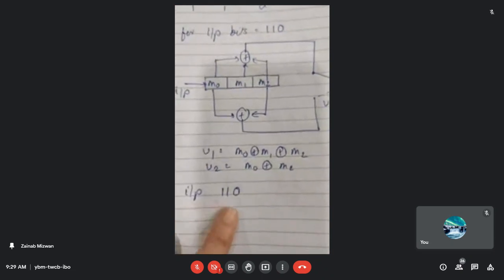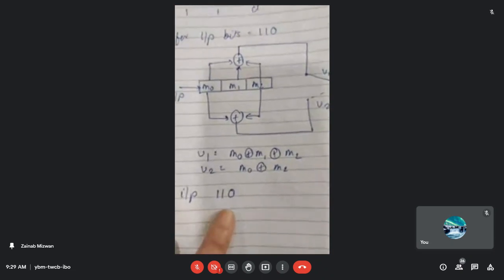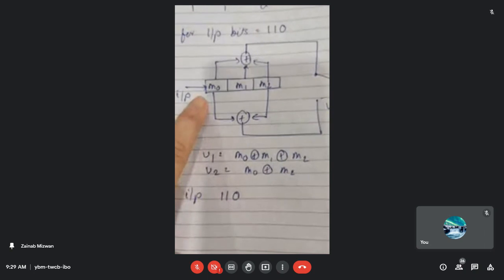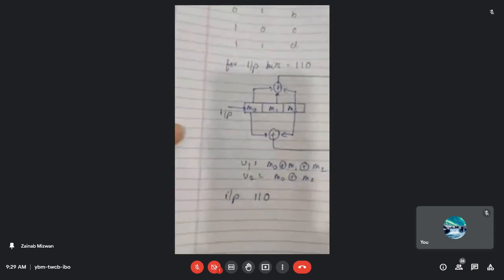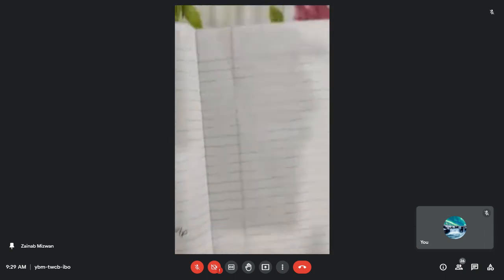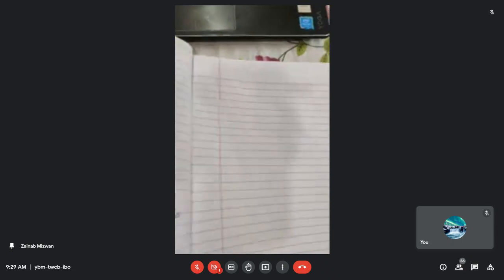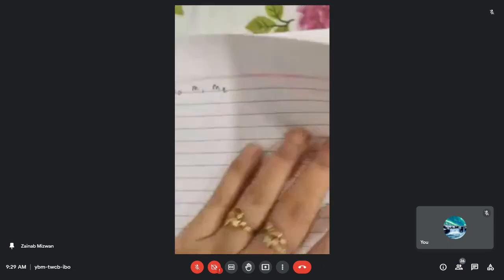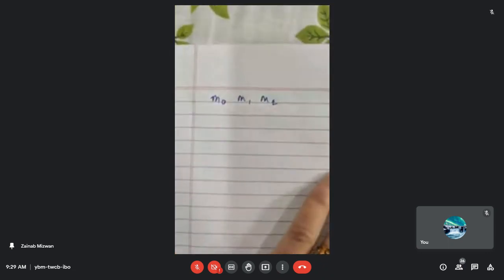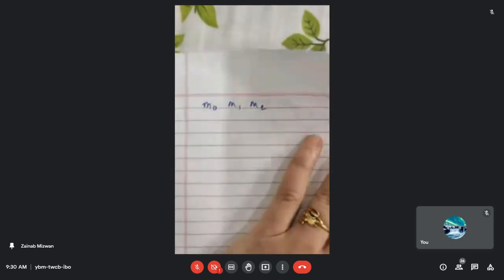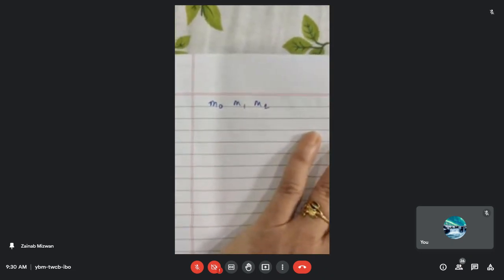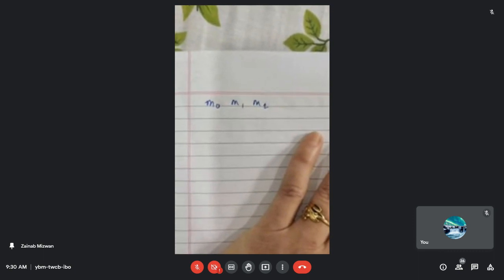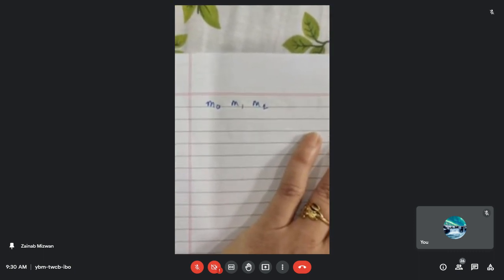Now here we have the input 110. It means the input will always be given to the register M0. Before starting, what we need to draw is the encoding table. For the encoding table, I'm just going to write M0, M1, and M2. In some of the books, instead of M0, it is also written as the input message, because finally the input message will be given to the register M0.